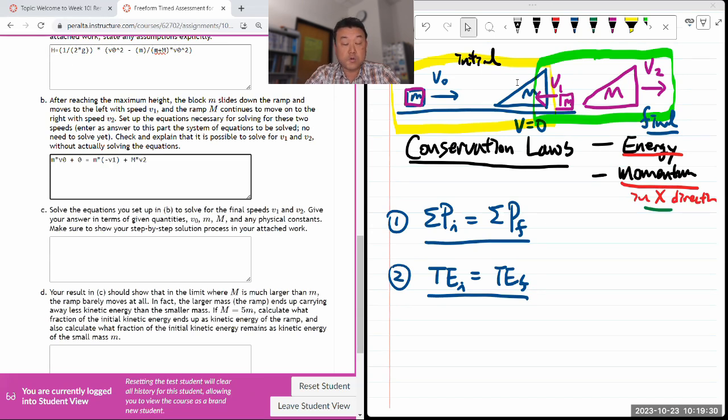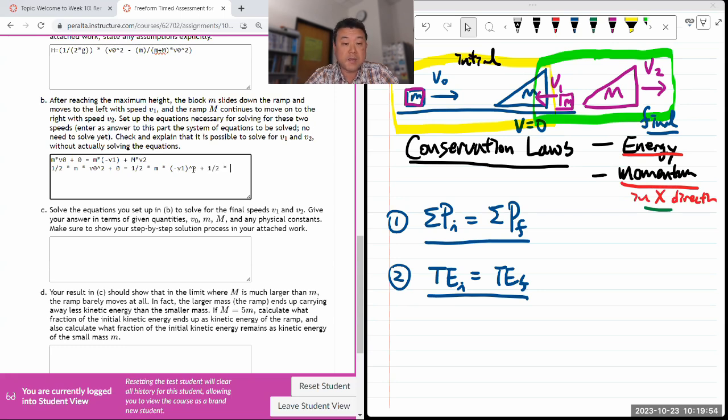And for conservation of energy, initially I have the kinetic energy, 1/2 times m times v naught squared plus 0, is equal to, and I don't have any potential energy to worry about, it's just going to be kinetic energy again. 1/2 times m times minus v1 squared. The minus will just cancel out, whether you put it there or not doesn't matter.